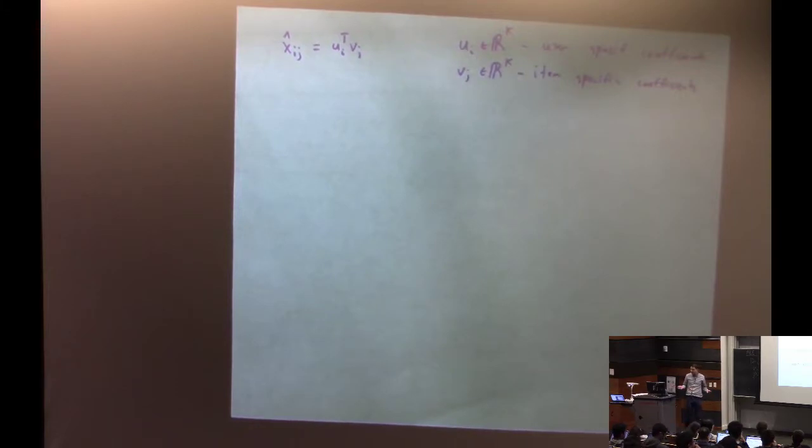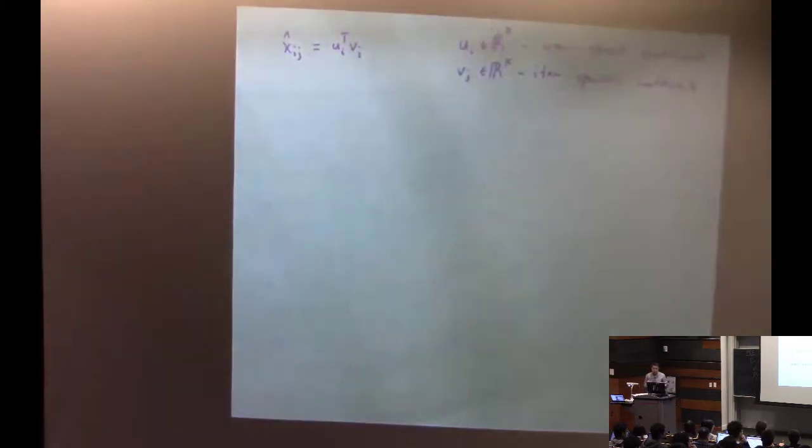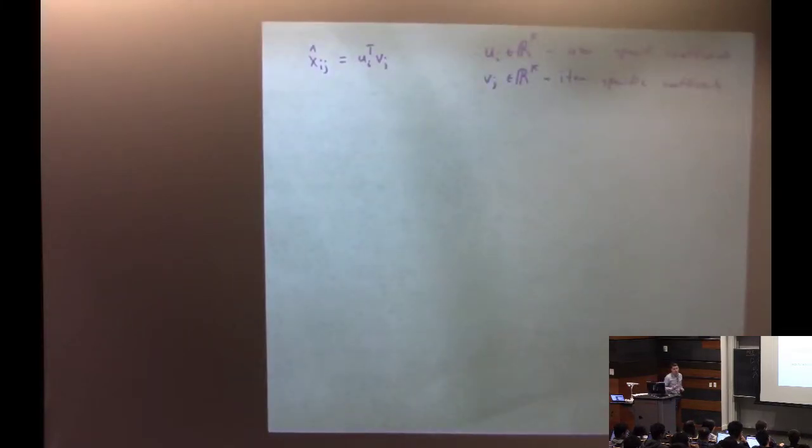Similarly, if it was inverted and I had some user-specific features, I could form the prediction for any given item by taking also a linear function. So what we're going to do here, interestingly, is learn both these things simultaneously. We're going to learn features or coefficients for both the users and the items at the same time, and we're going to do it in a way that makes our predictions close on the observed values.